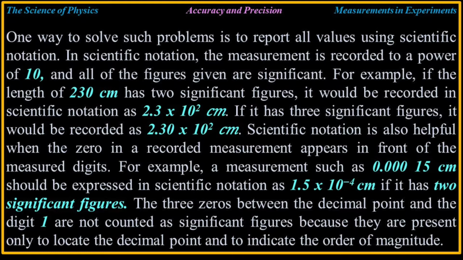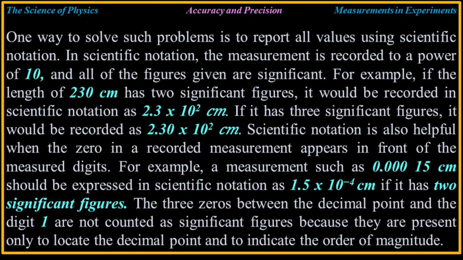If it has 3 significant figures, it would be recorded as 2.30 times 10 to the 2 centimeters. Scientific notation is also helpful when the 0 in a recorded measurement appears in front of the measured digits. For example, a measurement such as 0.00015 centimeters should be expressed in scientific notation as 1.5 times 10 to the negative 4th centimeters if it has 2 significant figures.